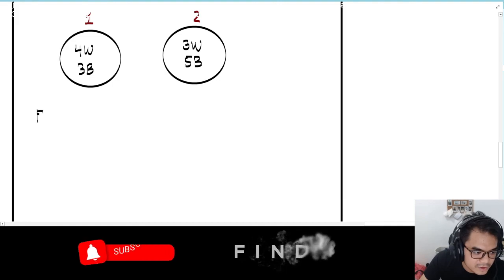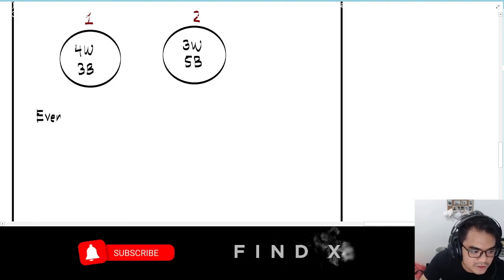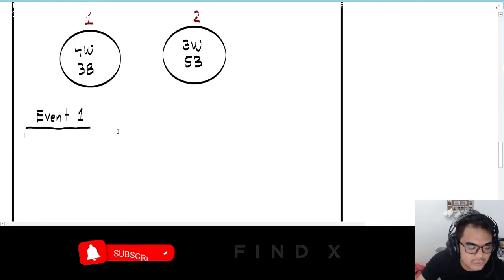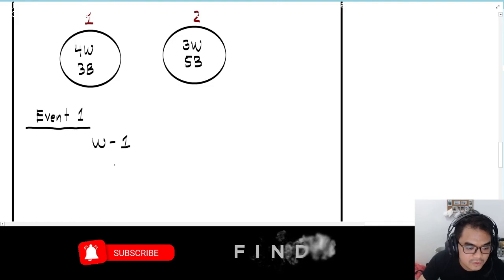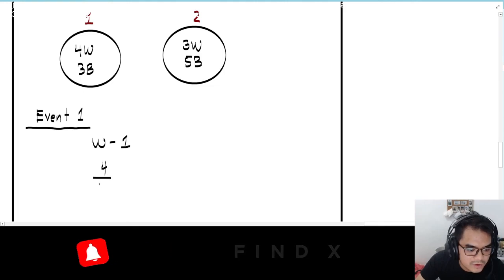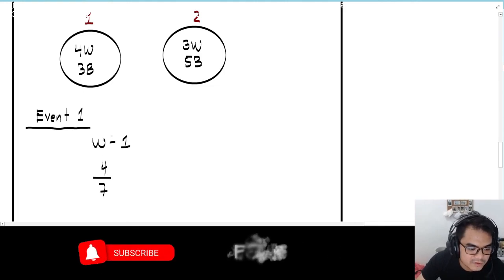So let's have here the first event. Let's say we have event one, right? So for event one, you have to get white on the first urn. The chance for you to get white here is 4 over 7, right? Because 3 plus 4 is 7.